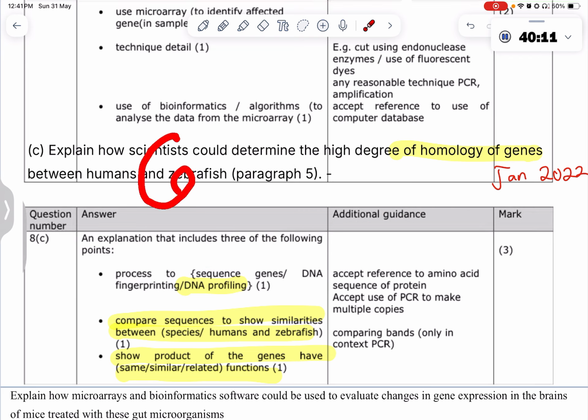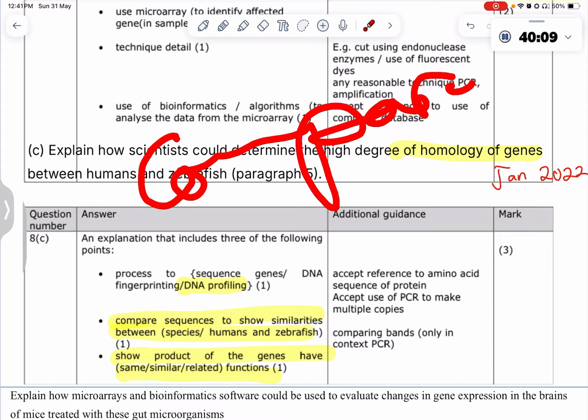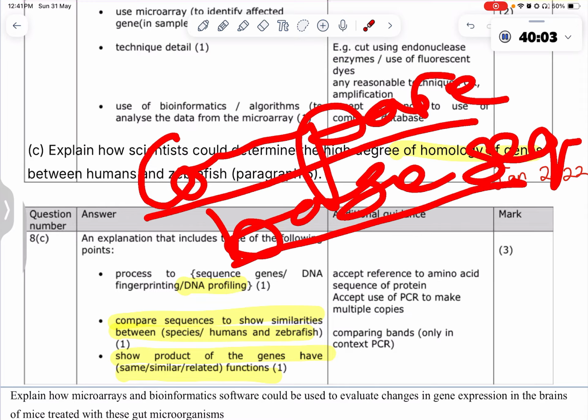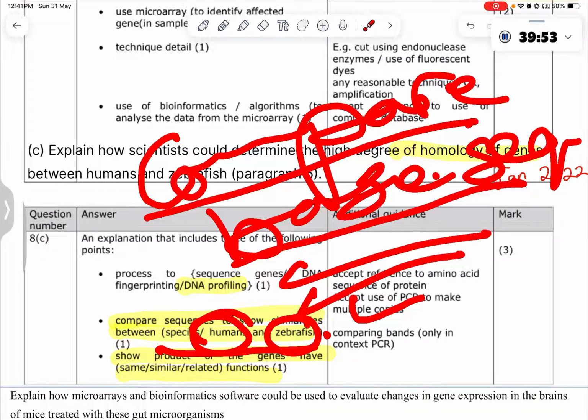Then you'd compare the base sequences: the more similarities between the base sequences, the more closely related the species, humans and zebrafish, are to each other. The more closely related, the more recent the common ancestor is.